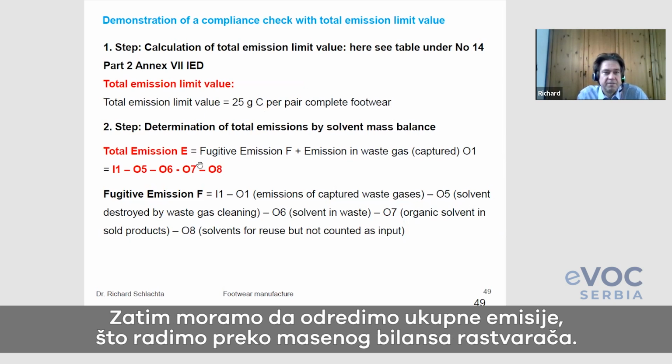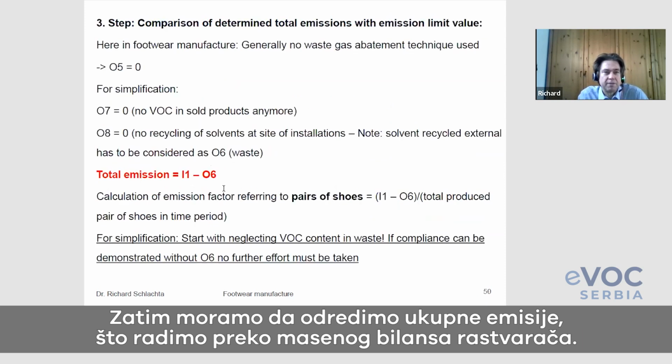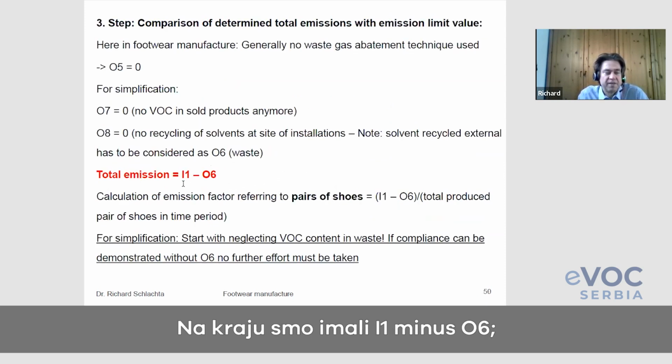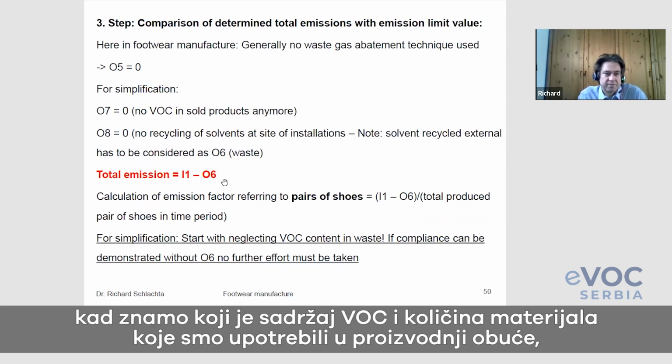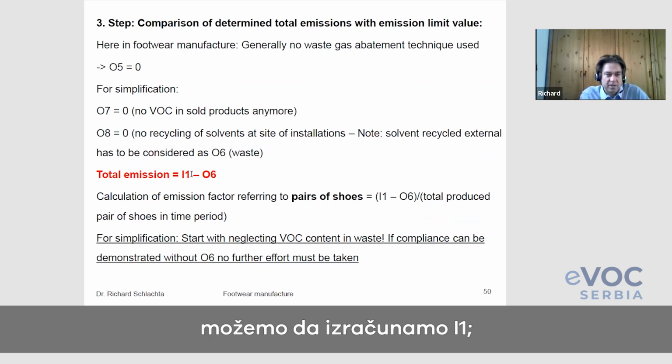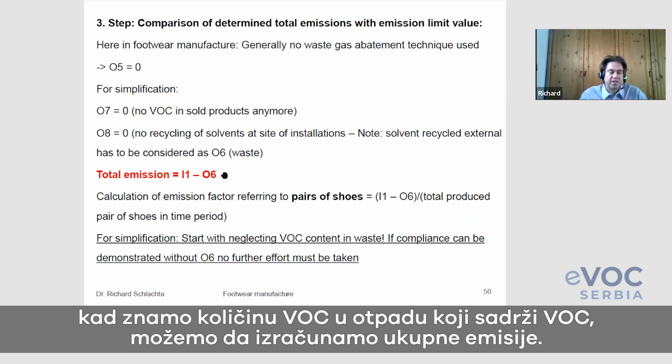Then we must determine this total emissions that we do by the solvent mass balance. So finally, we have only I1 minus O6. So when we know what is the VOC content and what were the quantities of the materials that we have used for the shoe manufacturing, we can calculate this I1. And if we know the quantities of VOC in our VOC waste, then we can calculate the total emissions.